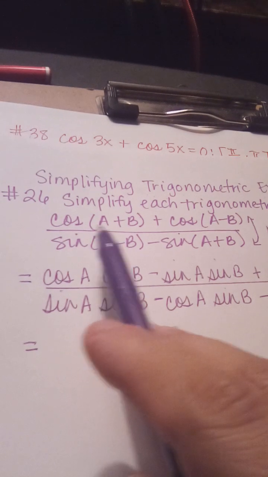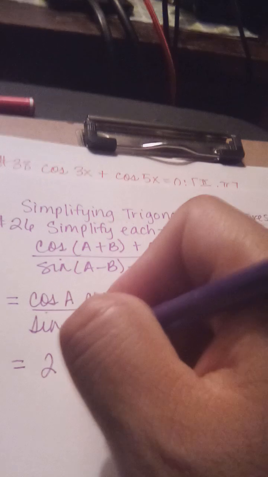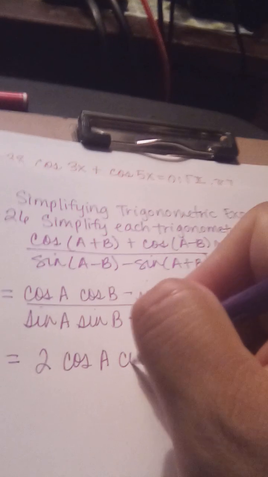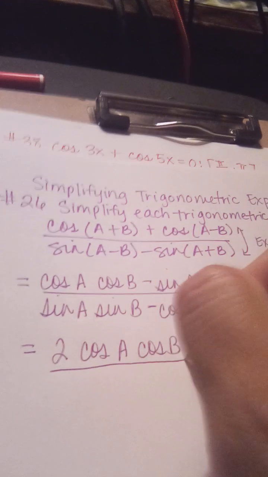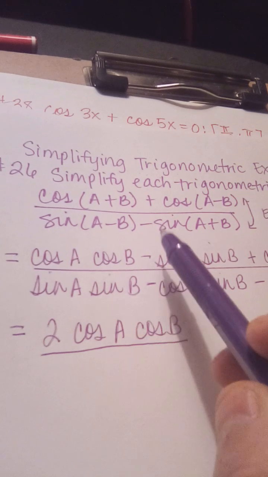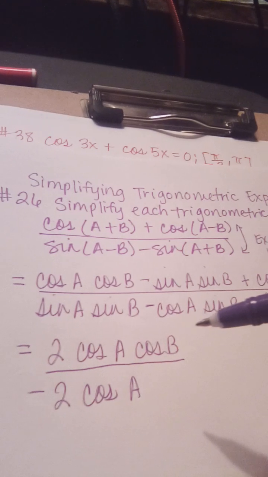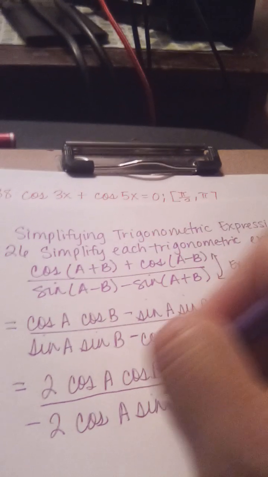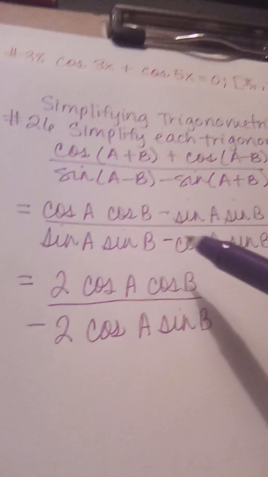Since we have two parts on the numerator, it'll be 2, and we have cosine A and cosine B. Over the same thing in the bottom part, but instead of being positive, it would be a negative 2 cosine A and sine B. It's a little bit tricky, but once you factor out and cancel terms, you'll see why.